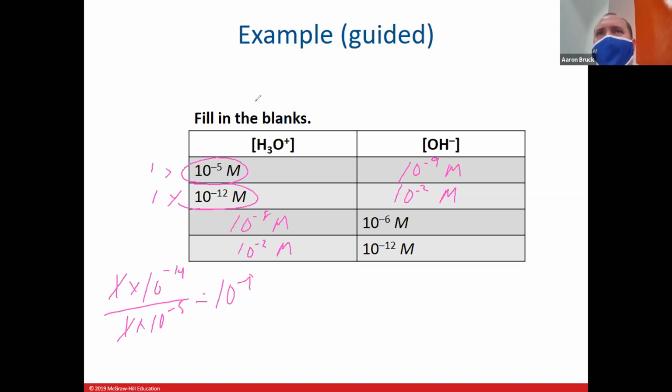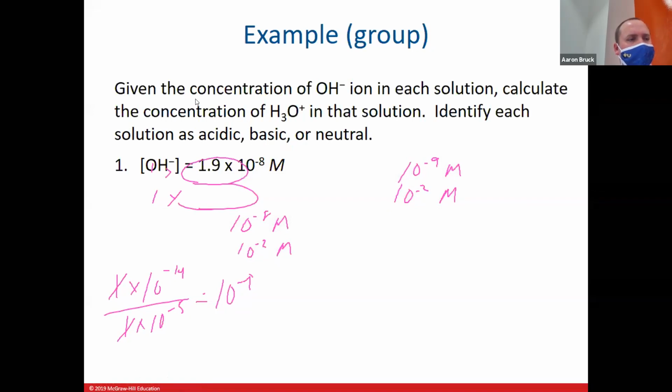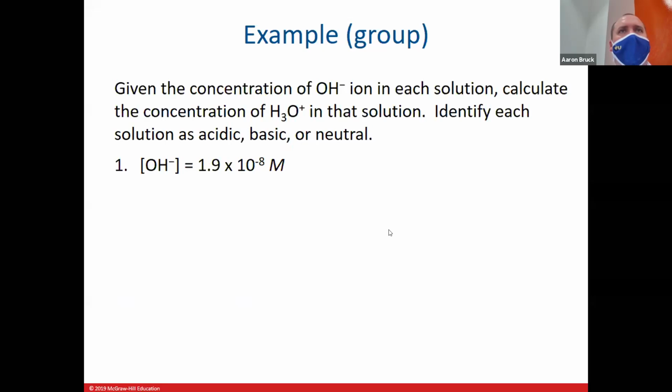But what if we aren't given simple examples like these? What if we're given data that isn't just simply 1 times 10 to the negative something? How do we work with that? How do we rationalize that? Well, we can use the same kind of equation, only slightly different in terms of the numbering.